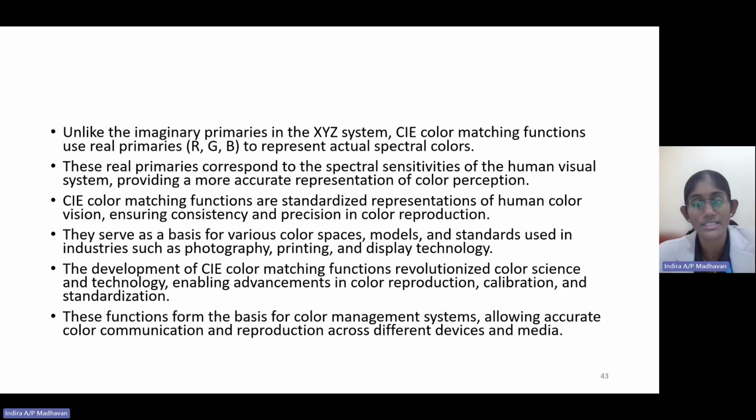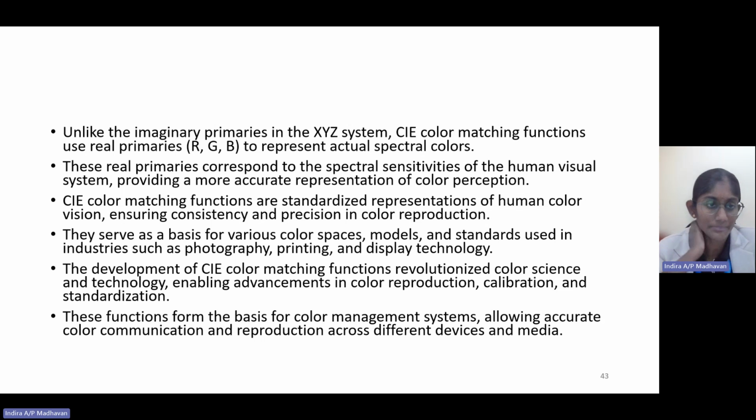So when they converted the XYZ to the CIE diagram, they took into consideration the real primaries, red, green, blue, rather than the XYZ system. They use the base of the XYZ system, but when they made this CIE chromaticity diagram, they used the real color values to form this particular diagram.